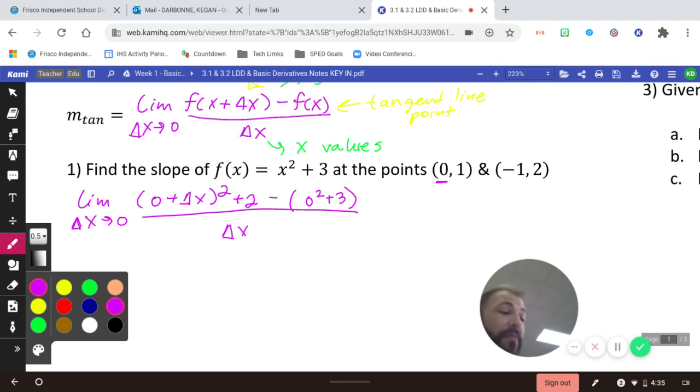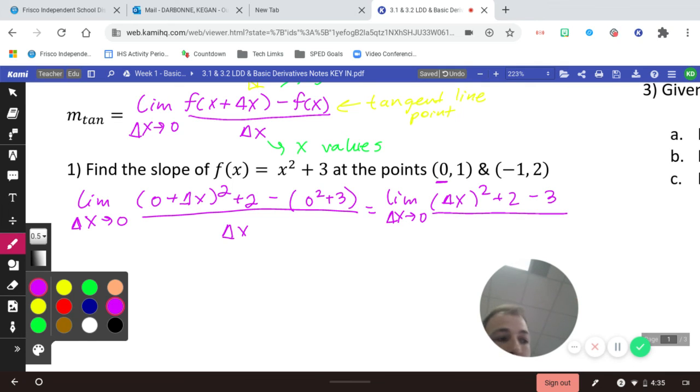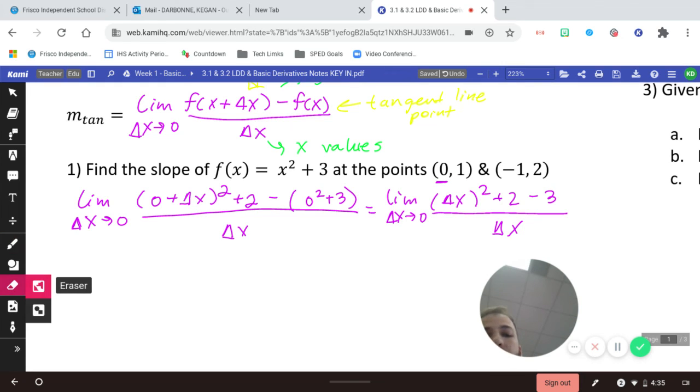And now I can simplify a bit from here. So this becomes the limit as delta x approaches 0 of delta x squared plus 3 minus 3, all over delta x. Oh, I'm crazy. I don't know why I wrote plus 2 there. This should still be plus 3.